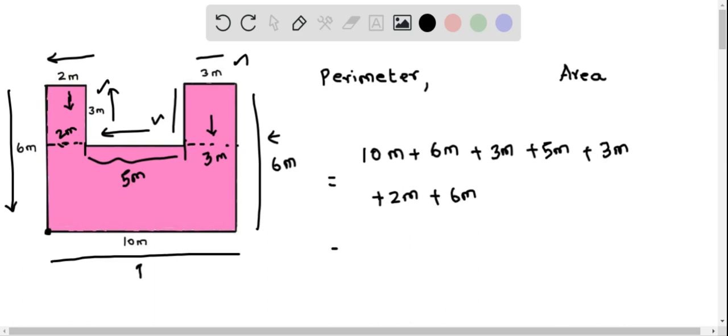So when I add all these side lengths, I get 10 plus 6 is 16, 19, 24, plus 3 is 27, 29, and plus 6 is 35. So I get 35 meters. So this is the perimeter of this shaded figure.